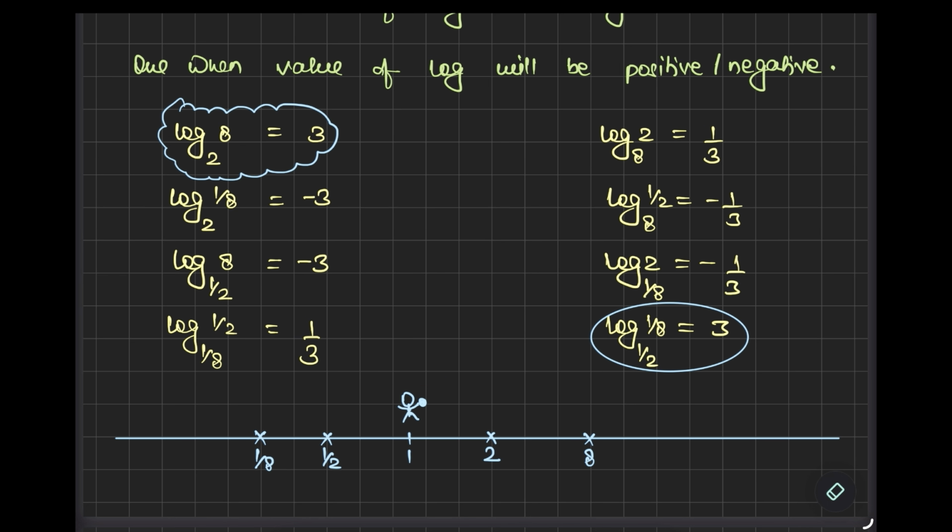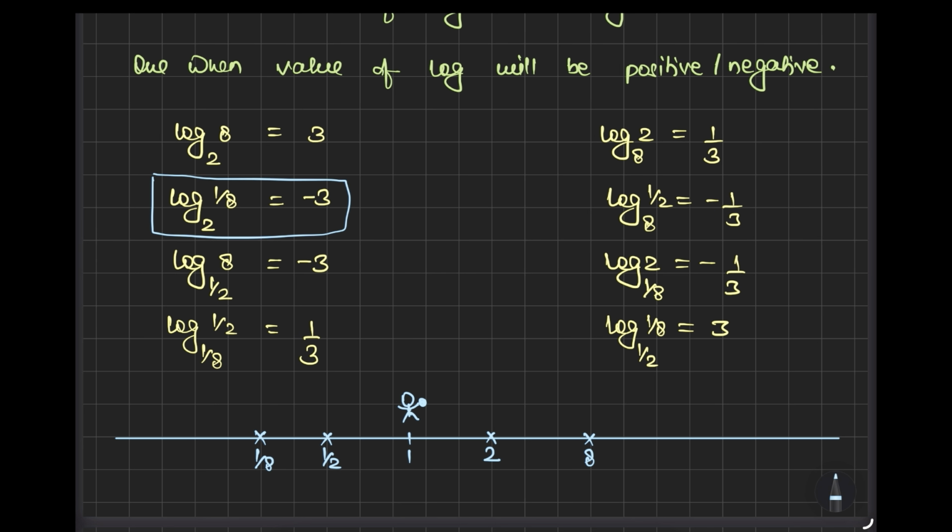So if the base comes first, the value will be greater than 1. Look at here. For a value greater than 1, argument and base should be on the same side. But here they are on different sides, so 100% it is negative.